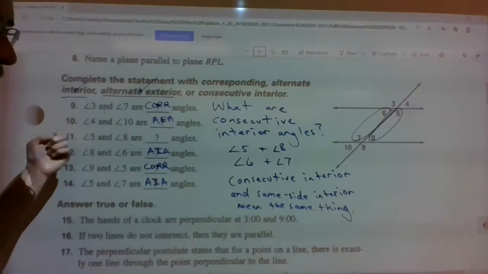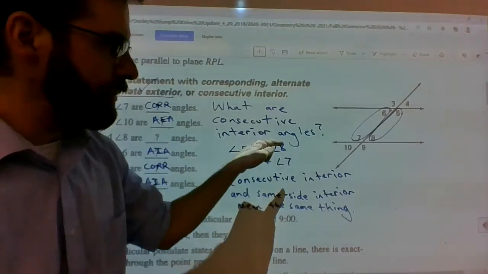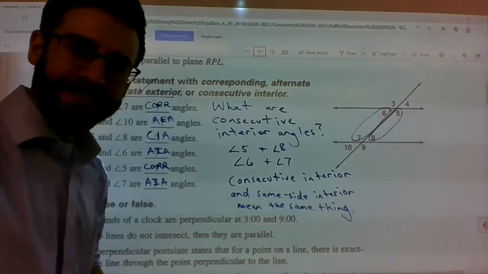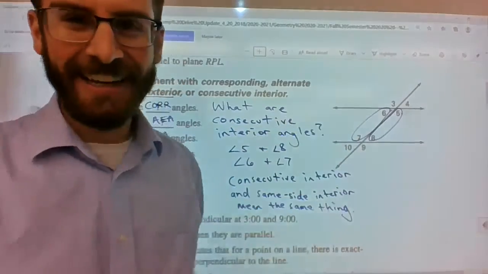And 11 would fit that description. I'm going to call consecutive interior angles CIA. Ooh, I like that. CIA angles, okay? So they're on the inside. They're right here, okay. All right.